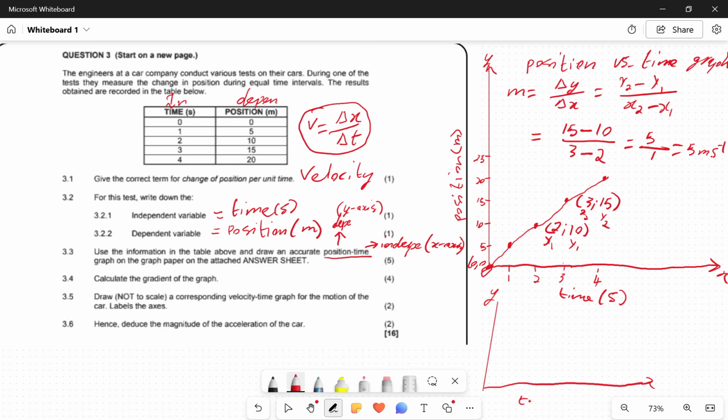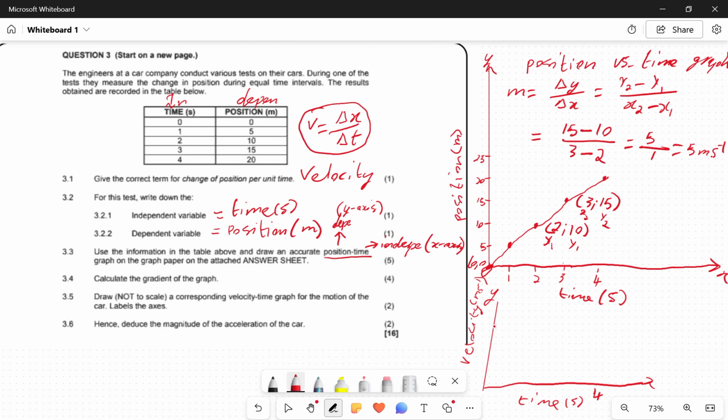On the x-axis, my time is what I have in seconds, and on the y-axis I will have my velocity, which is measured in meters per second. I hope you can see that here, guys. Then I'm gonna have up until 4 seconds. So here I'm gonna have my time. I'm starting from 0 up until 4, so I'm just gonna write 4.